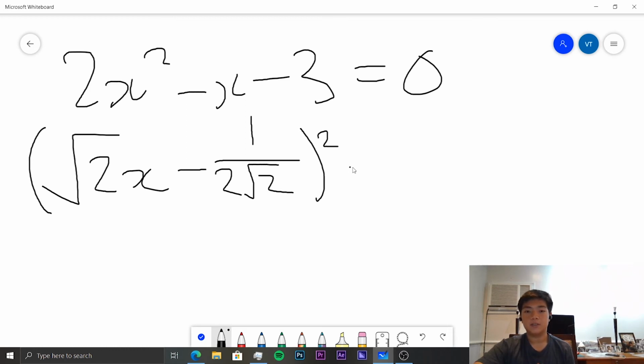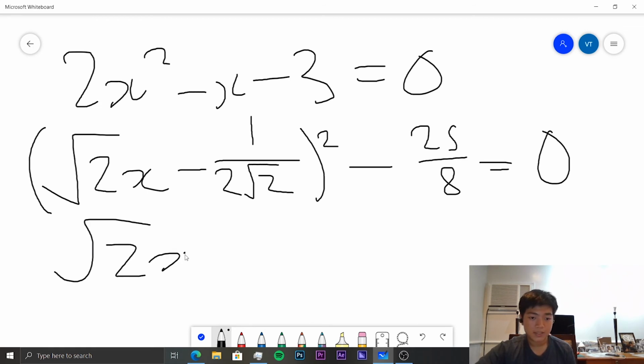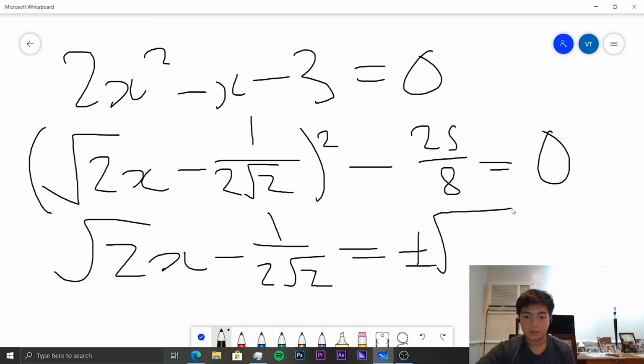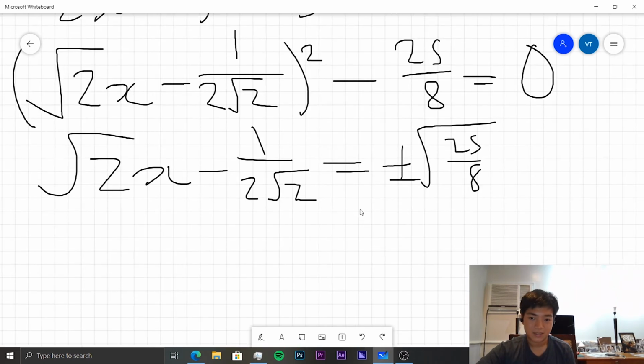And so we need to subtract 25 over 8 from this fraction. So we have root 2x minus 1 over 2 root 2 is equal to plus or minus the square root of 25 over 8. Wow, it's getting a bit complex.